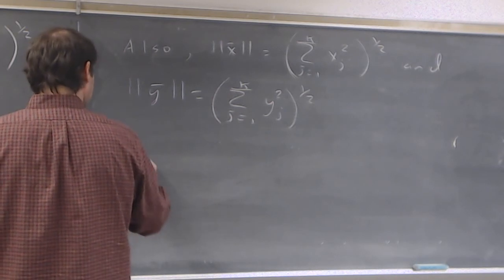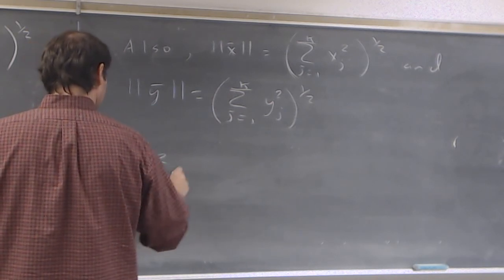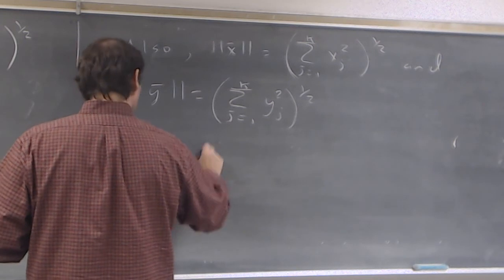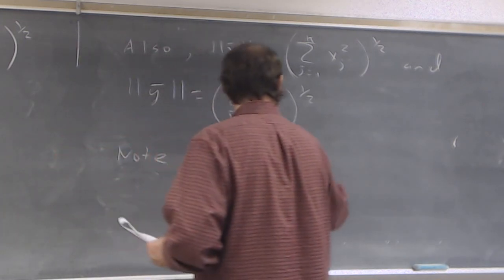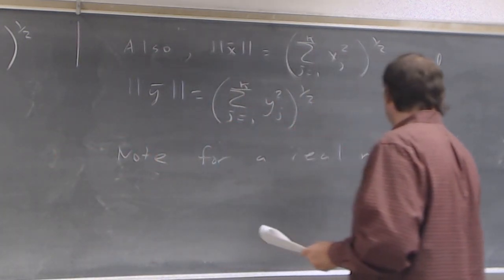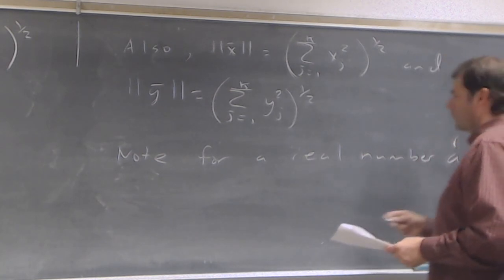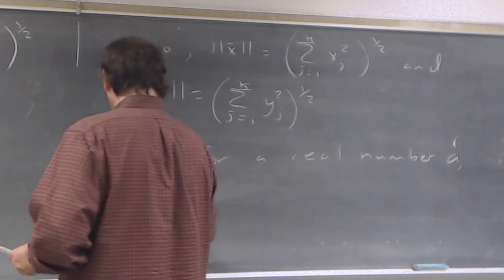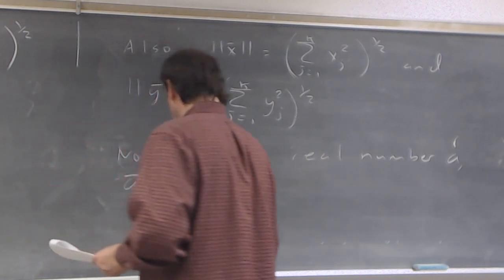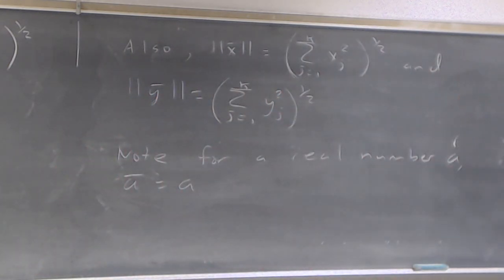There's something that we should take an observation of, and that is that we should note for a real number A, if we think of it as also being a complex number, A conjugate is equal to A, because it doesn't have an imaginary part, its imaginary part is 0.